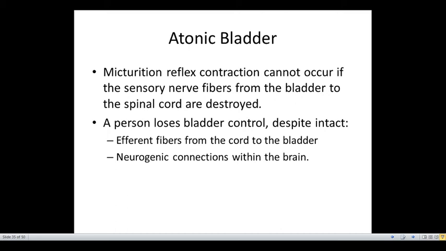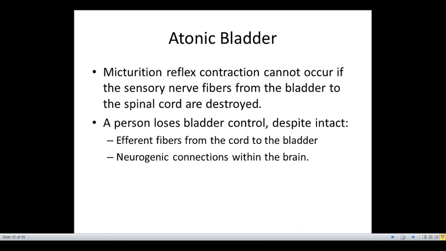So, a person loses bladder control despite intact efferent fibers from the cord to the bladder or normal neurogenic connections within the brain.